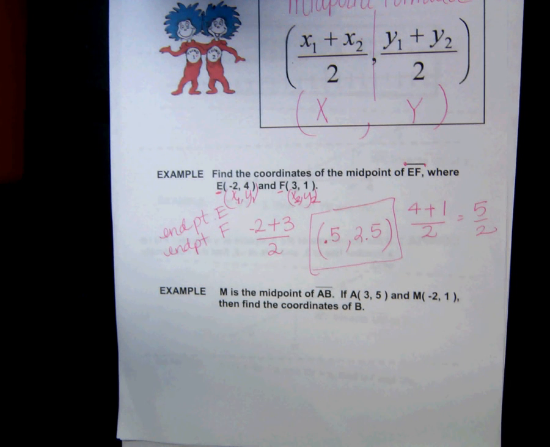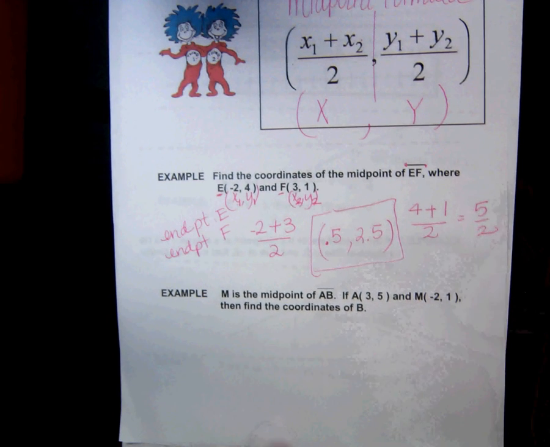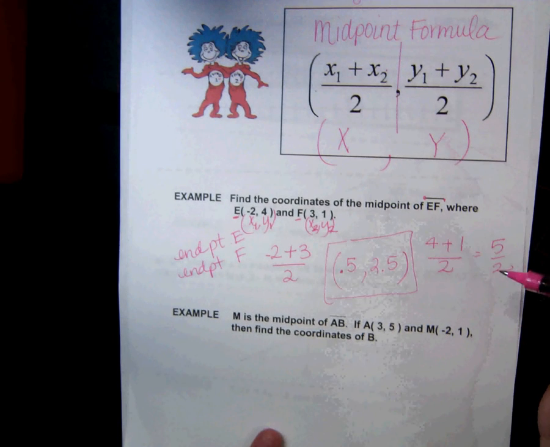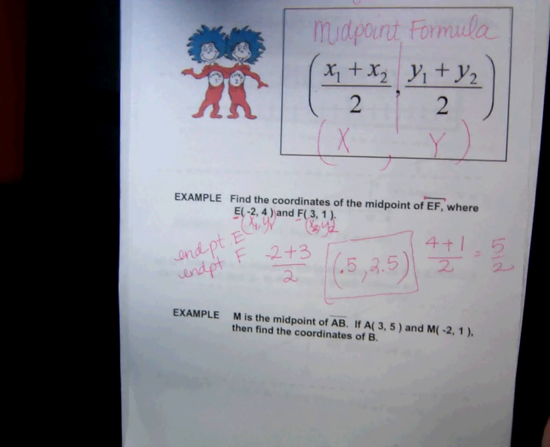It says M is the midpoint of line segment AB. If A is at the coordinates 3, 5, and M is at -2, 1, we want to find the coordinates of B. We cannot plug this into our midpoint formula, because the midpoint formula finds halfway between 2 points.